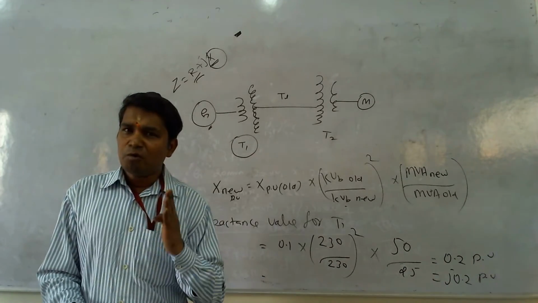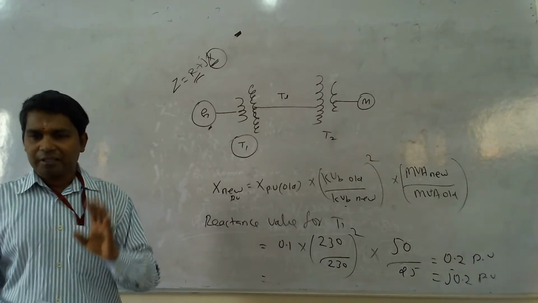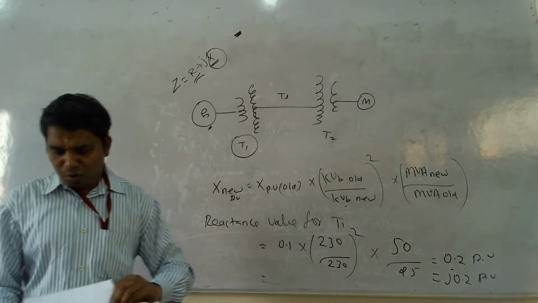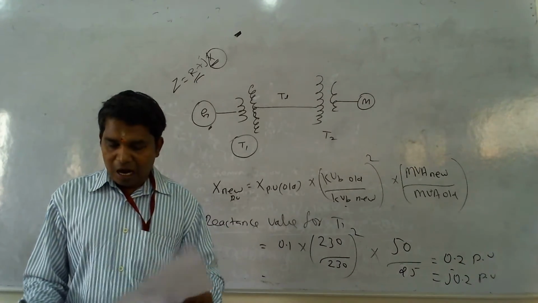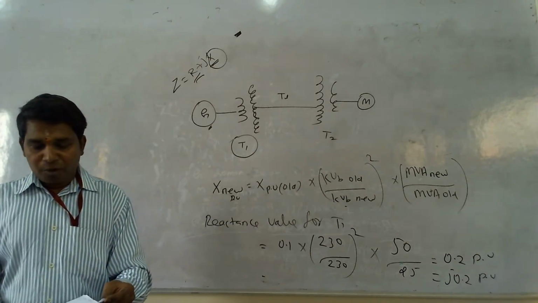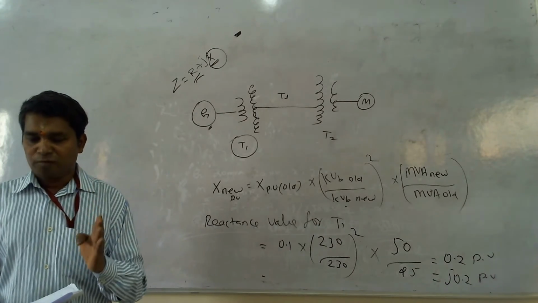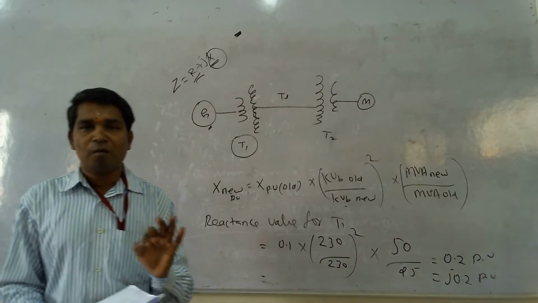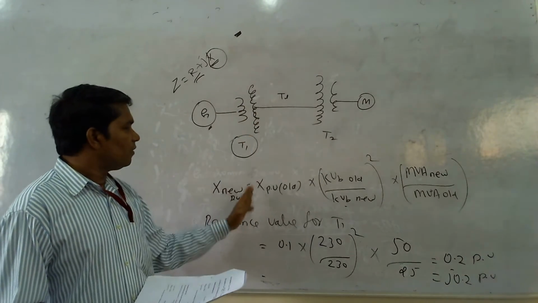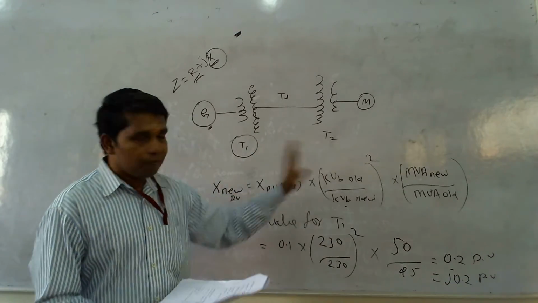So when we are not given the percentage value of reactance or per unit values, in such cases we may use another formula for the reactance calculation: the per unit value is nothing but the actual value by the base value, right? The actual value by base value formula will be used for this case, because the other data like reactance value in per unit are not given, right?